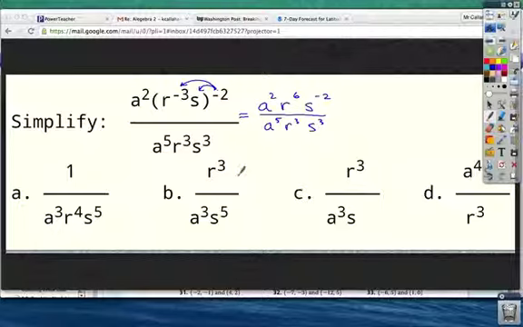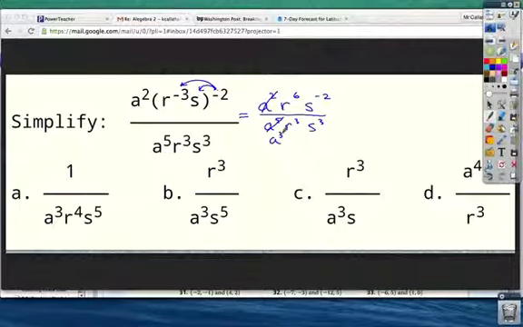Okay, now you need to know the properties of exponents. You could do this different ways. If you have a squared over a to the 5th, that means there's a times a times a times a times a, 5 times in the denominator, and it's only twice in the numerator, which means you can cancel both of those, and it would cancel 2 of these, and what would be left?